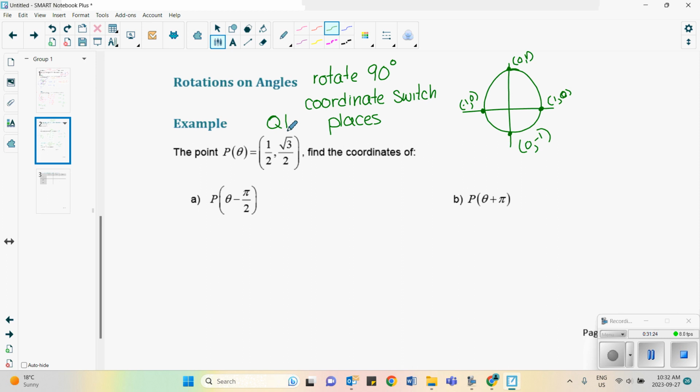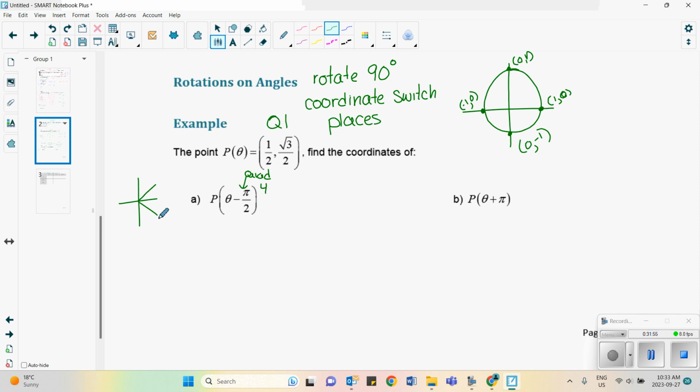So if we are taking our theta and we're in quadrant 1, and I subtract 90 degrees from it, what quadrant are you in now? 4. So we're in quadrant 4. We're going to rotate. We're going to subtract 90. So we're going to end up somewhere here.